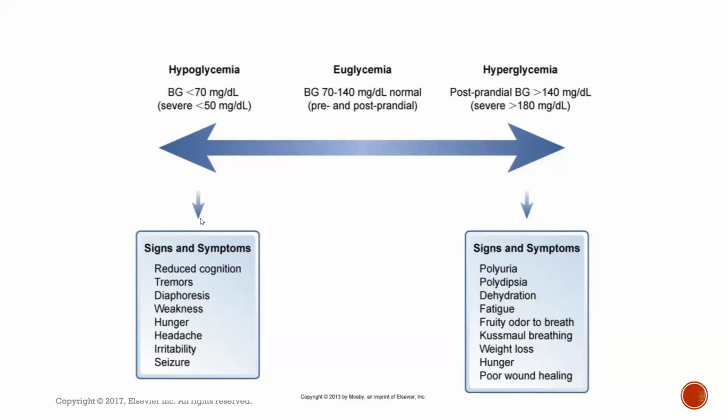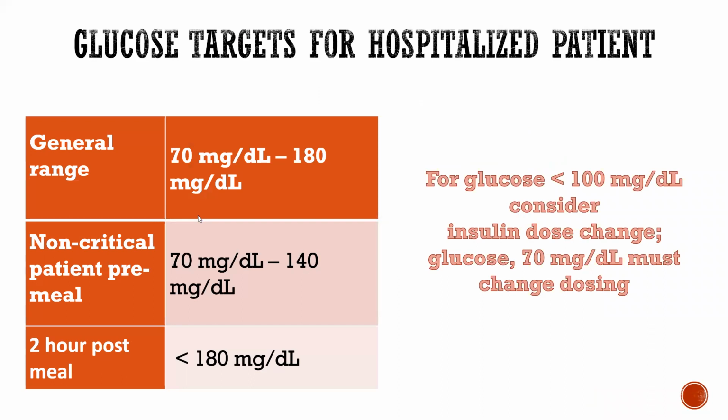Whereas signs and symptoms of hypoglycemia, which you need to be able to recognize, are diaphoresis, tremors, cognition changes. Changes in cognition is not a normal sign and symptom for anything other than something's going wrong. Okay. Know the difference. You have to be able to identify the cues.